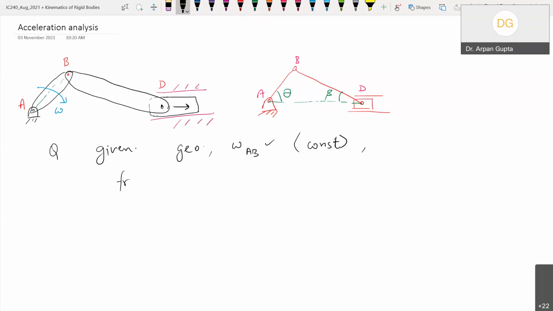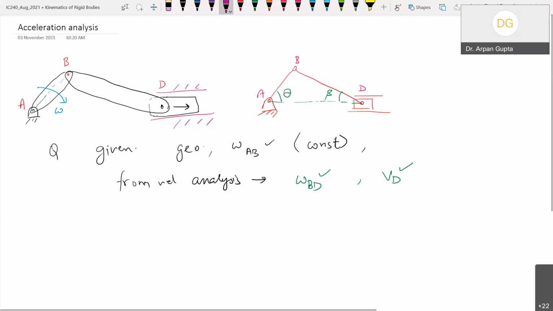from velocity analysis, we have solved that omega BD is known and velocity of point D is known, right? So this is what we have done in the last section.